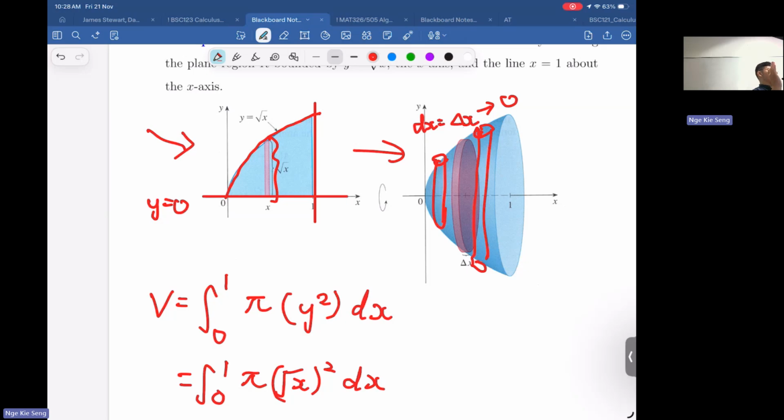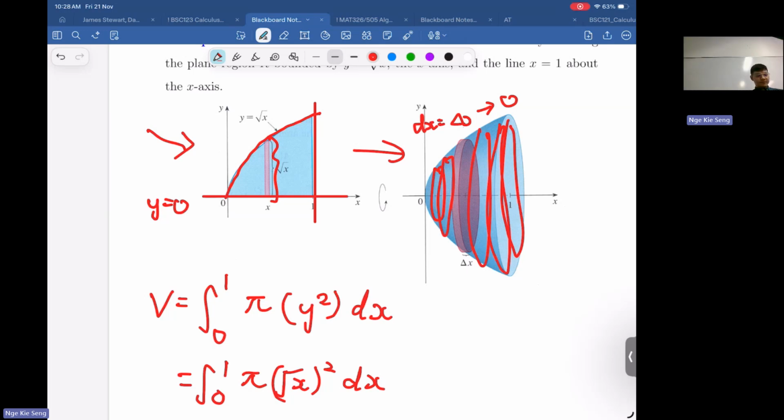So we need to take a lot of these with the width thickness getting to 0, such that it becomes a disc without gaps inside. Does that make sense? So this is the relation between the Riemann sum and this volume here.